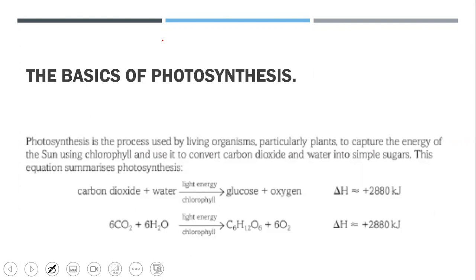As the acceptor takes the electrons, it is reduced, and as it transfers the electron to the next portion, it is oxidized. In these redox reactions, energy is released, and that energy is used to make ATP. That is a basic overview of how the electron transport chain works.